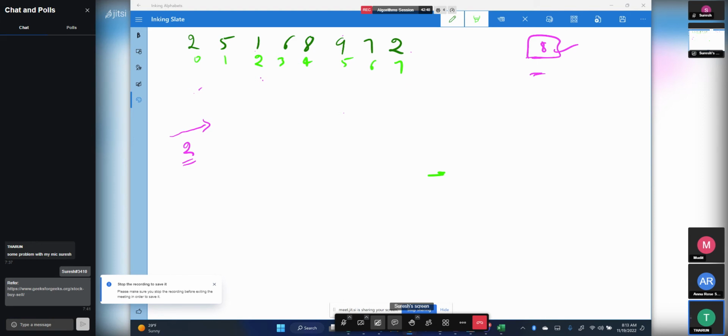We wait until the stock is at a higher price, so we sell at index 5. Correct. Can we come back, or do we need to start from index value 5 only?